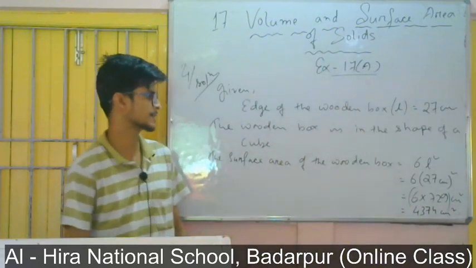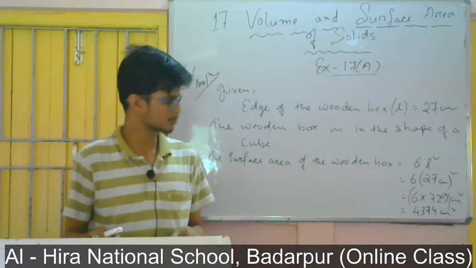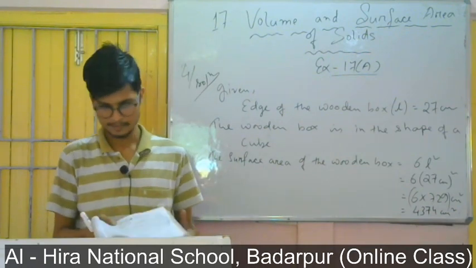So this is the surface area of the wooden box. The surface area of the wooden box is 4374 centimeter square.